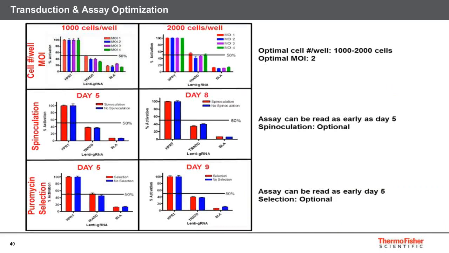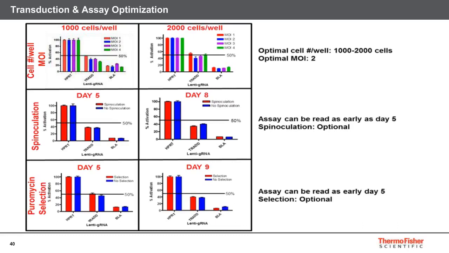And this particular slide summarizes how we go about optimizing the assay for downstream screening. The top panel here shows how different cell feeding densities compare to using different MOIs.